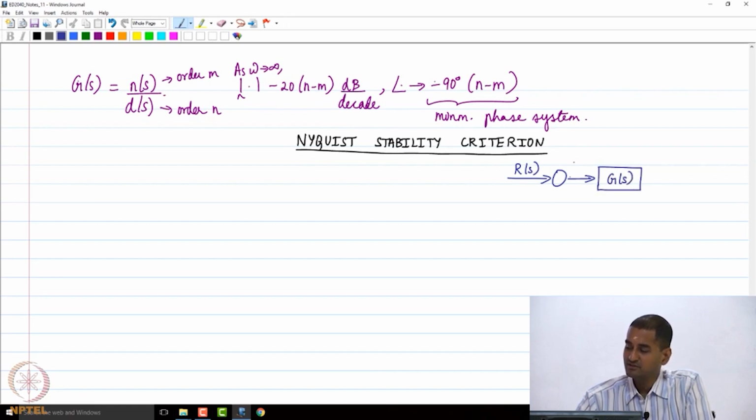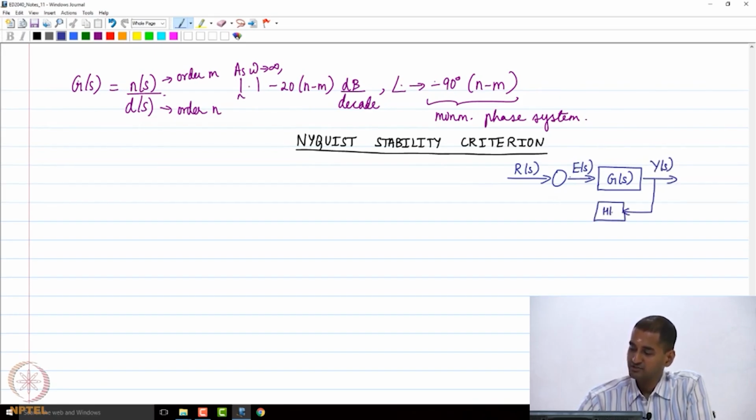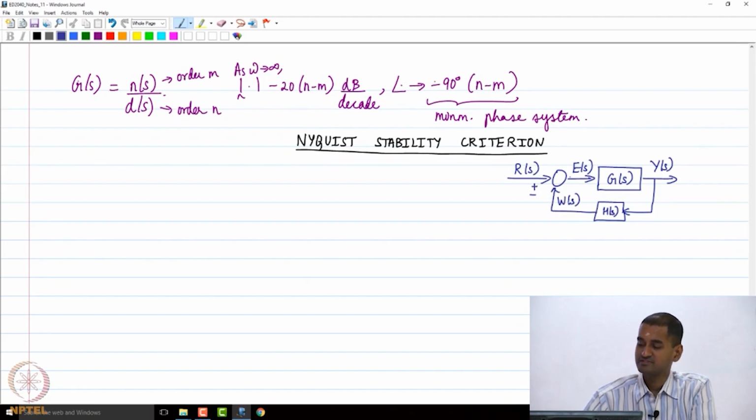This is e of s, and this is y of s, and the feedback path transfer function is going to be h of s, and this is going to close the loop. Let us say we have negative feedback, let me call the signal w of s. So, this is the block diagram we have.